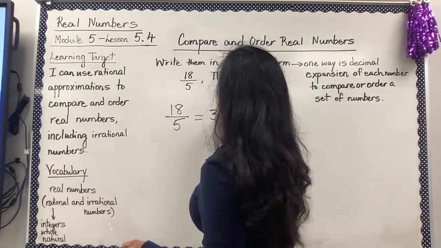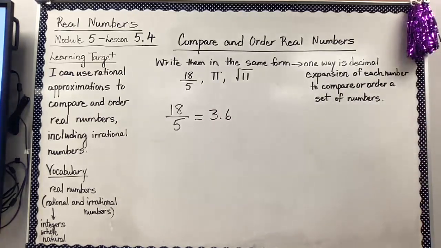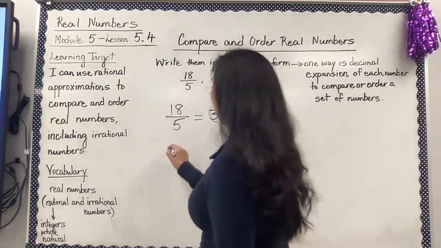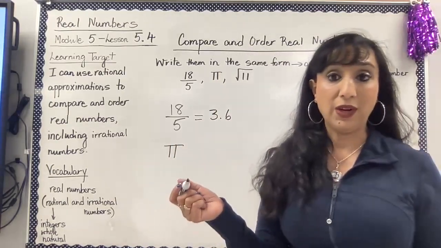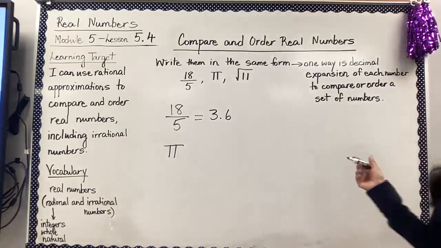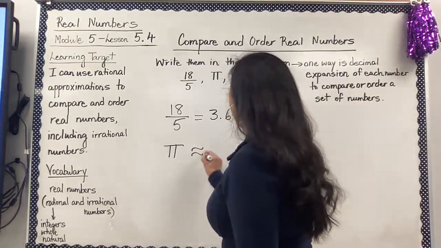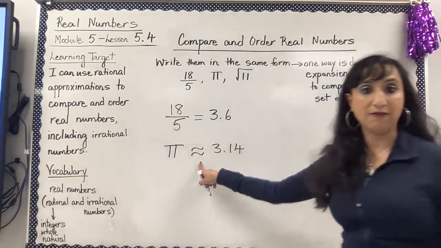If I look at pi, I know the value of pi is 3.14, which is an approximation whenever we are using this. So this is approximately 3.14. I put the approximate value.